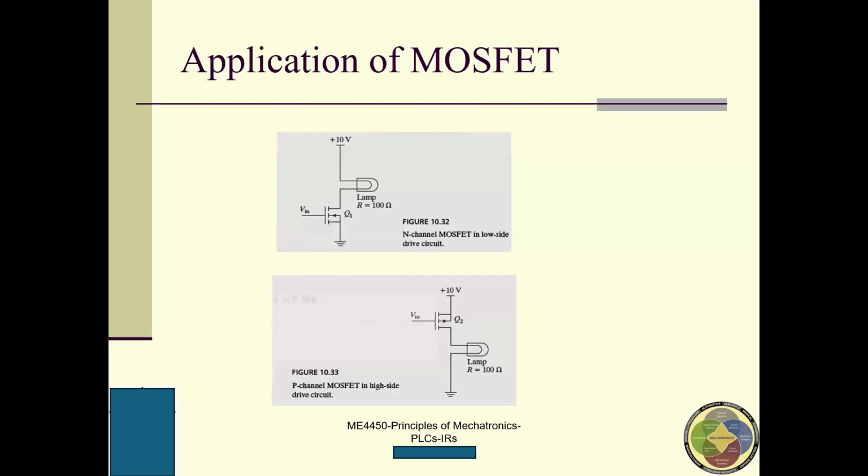As a result, this lamp will be turned on. So for this one, if you want to turn on the lamp, you need to increase the input voltage. For this one, you need to decrease the input voltage. Why? Because you are using different MOSFETs: one is N channel, one is P channel.